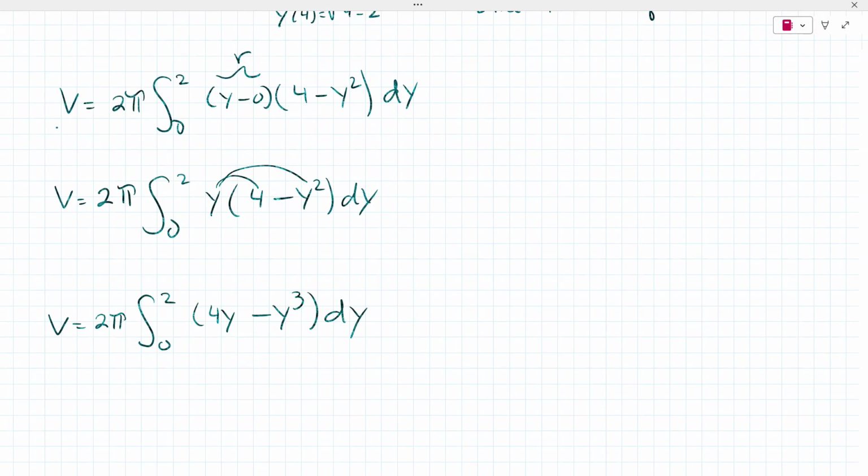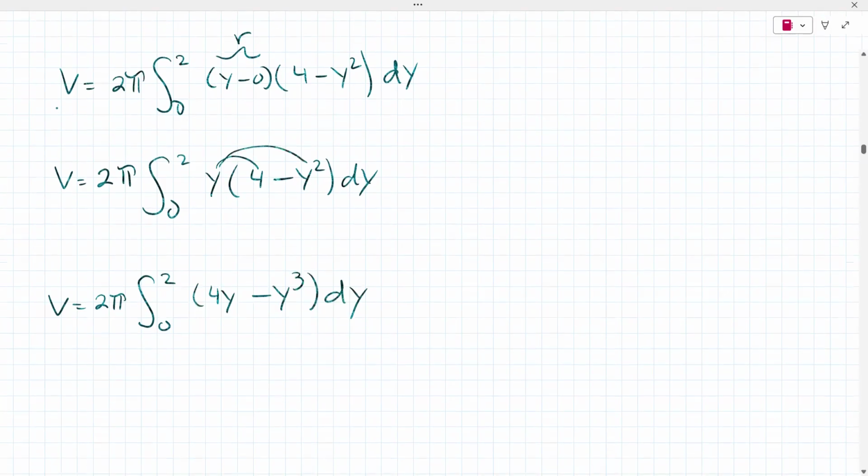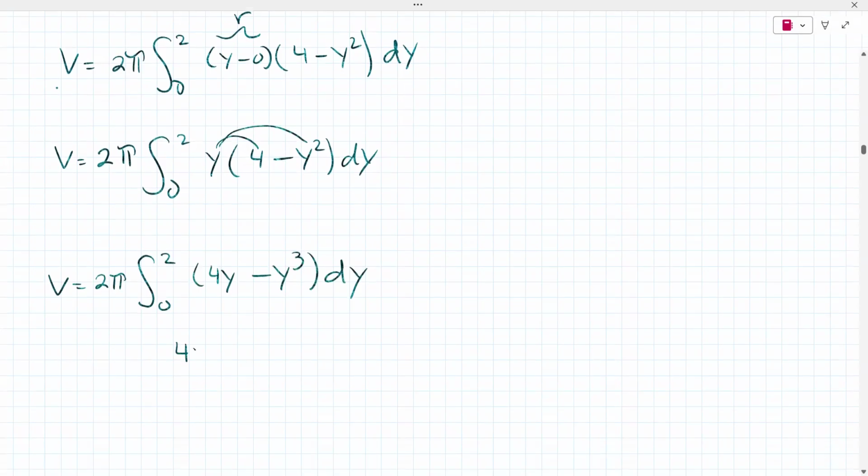How do you take the integral of 4y? That is 4y squared over 2. Minus, what's the integral of y cubed? That is y to the fourth over 4. And because we took out a 2 pi, clean that up.